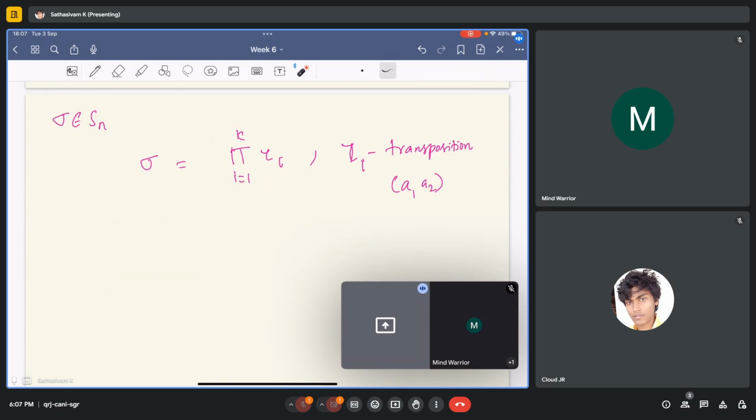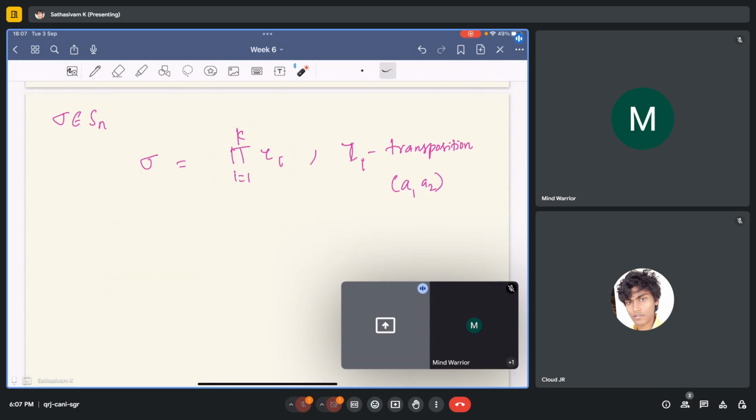There are many ways you can write it, so in that sense there's no uniqueness here. This number k is also not unique. An element can be written with one transposition, you can have two transpositions, you can also have four transpositions, which also represent the same element.